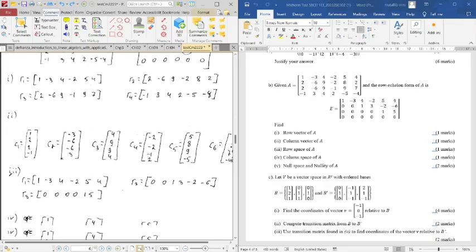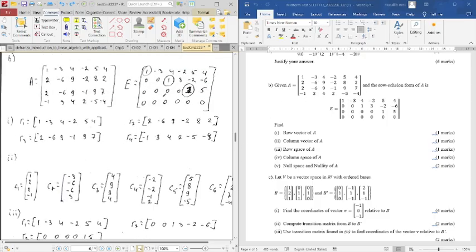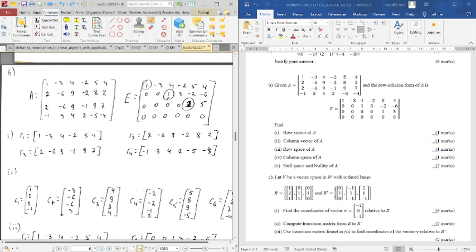And for 3, we have row space of A. The row space of the given set of vectors is when you row echelon it, and when you row echelon it, you can see the leading numbers. This is called the leading non-zero numbers. So each leading non-zero number will be one row space.